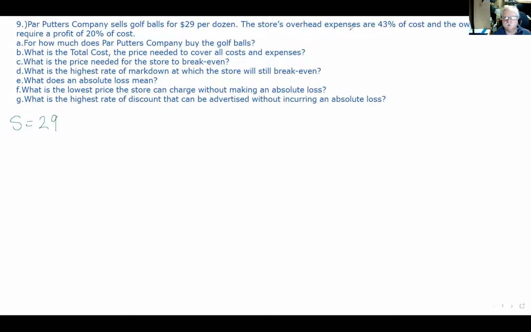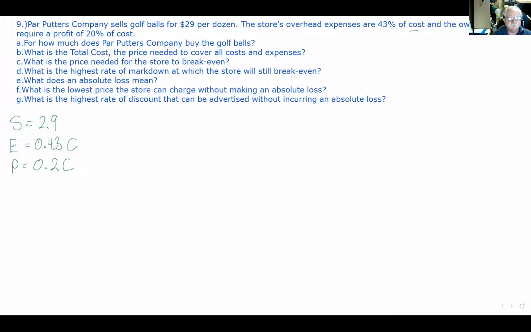The store's overhead expenses are 43% of cost. So their expenses are 0.43 of cost. And the owners require a profit of 20%. So they're telling us that profit is 20%, 0.2 of cost.